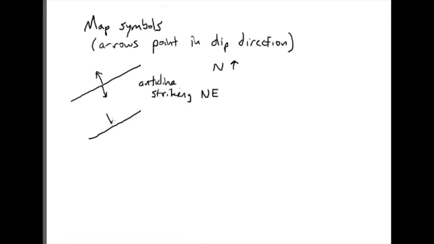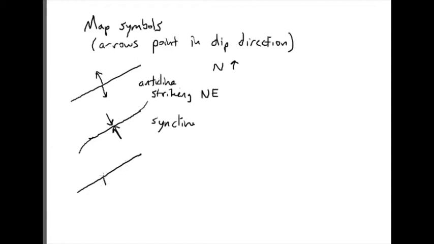A syncline has the limbs tilted in towards the center. And these can curve if the trace of the fold bends, we can curve that line. So that's a syncline.